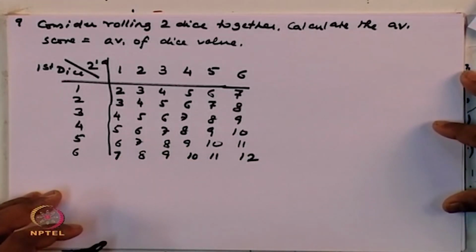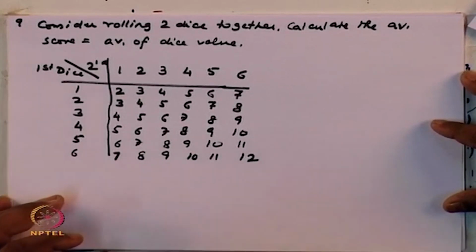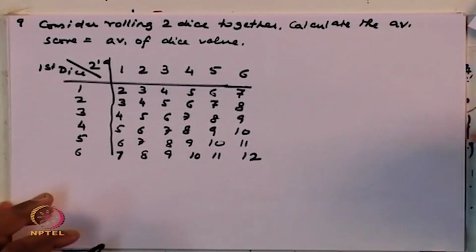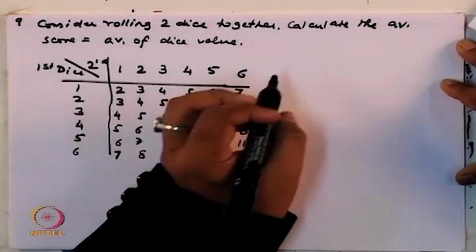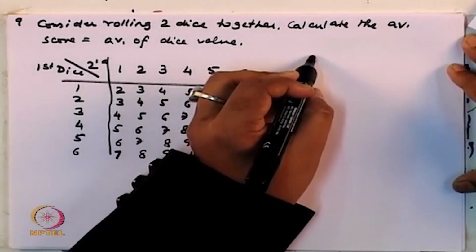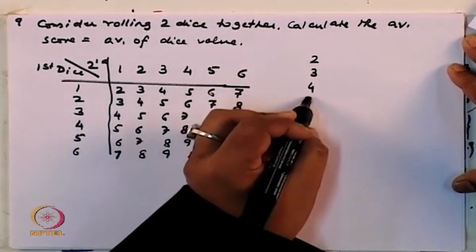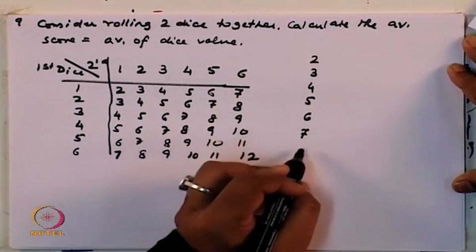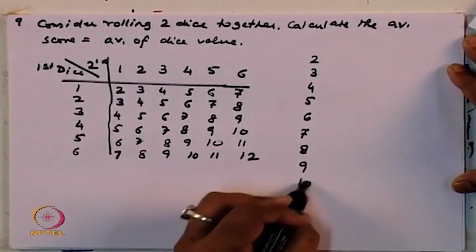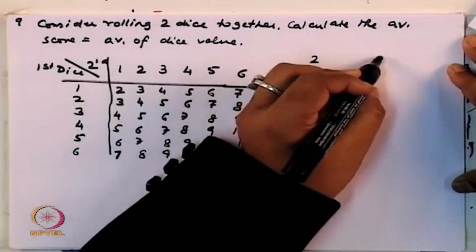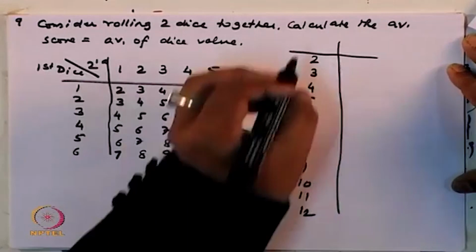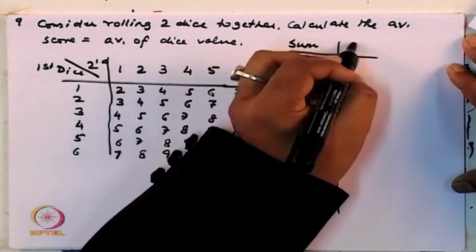So, from this I can calculate what the average is. Let me make the plot of the sum. I will get anywhere from 2, 3, 4, 5, 6, 7, 8, 9, 10, 11, 12. This is the sum, and this is my frequency.